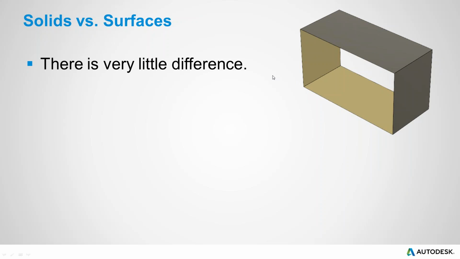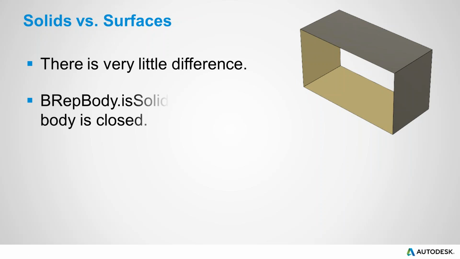So for example, that top face still has 4 edges, but now 2 of those edges don't connect to any other face. So that's really the difference between a solid and a surface: I have some open edges that don't connect to other things. But as far as querying it, there's no difference.